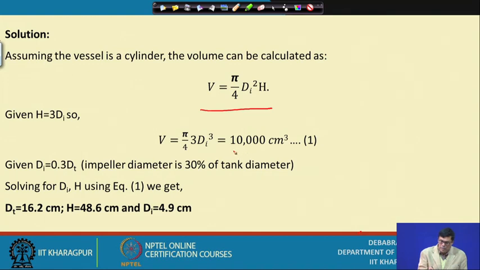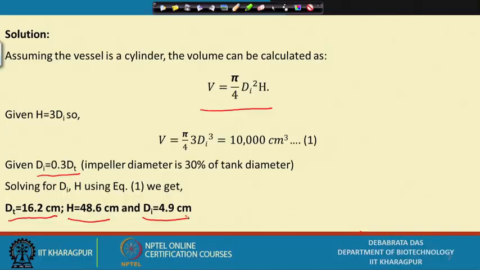Then we can find out the value of DT, because DI equal to 0.3 DT, that is 30% of the tank, as I already explained. And then we can find out the DT value, the H value, the DI value. So in the small reactor, the dimensions of the reactor, the height, the tank diameter and the impeller diameter, we can easily find out.